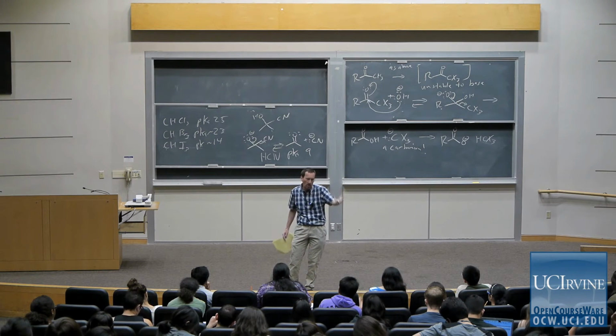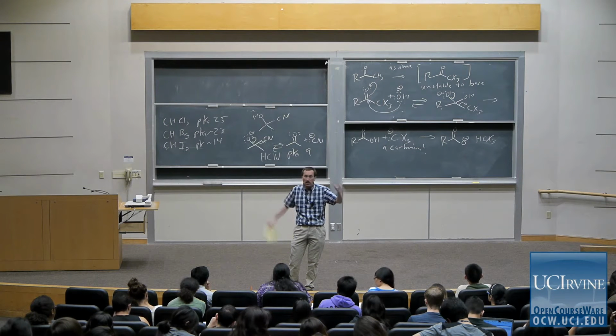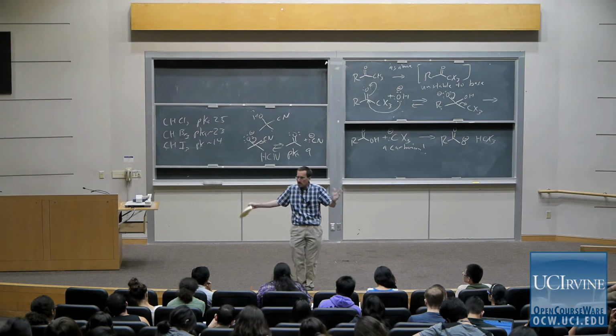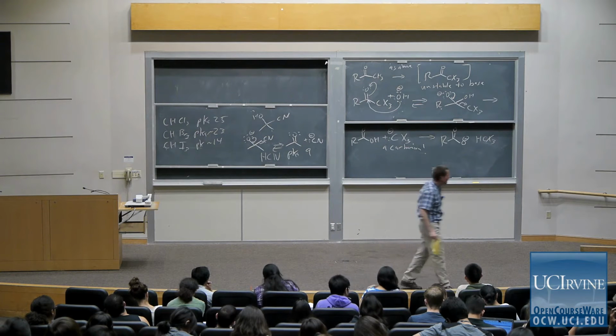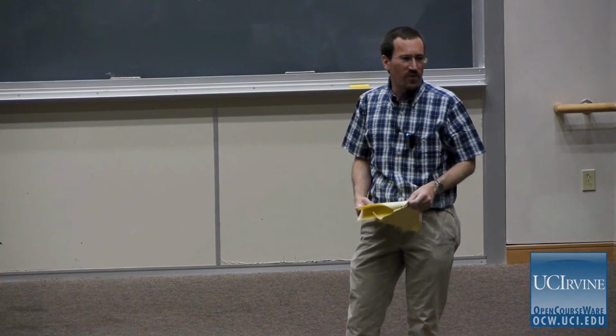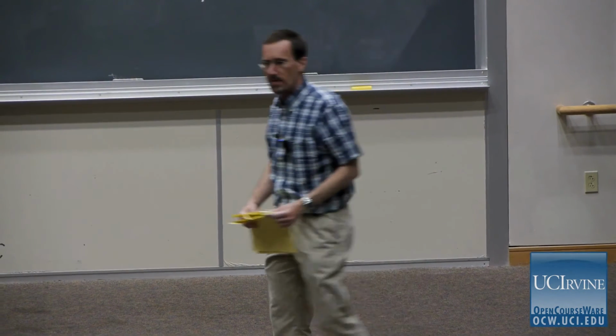It's called the retro-Claisen. Remember that number I said keep in your head, 25 for an ester enolate? So that's sort of right at the same value of chloroform. And so I think the haloform reaction provides us with this very nice calibration point for breaking carbon-carbon bonds.